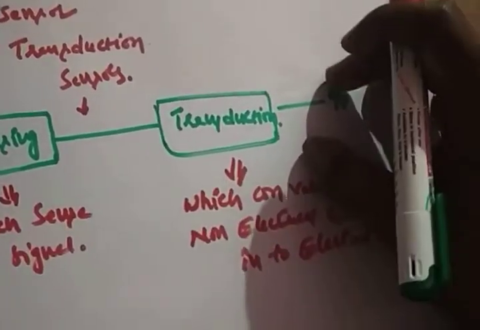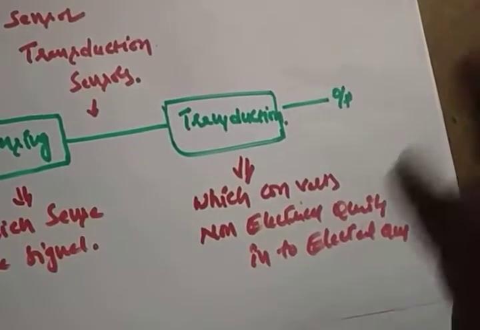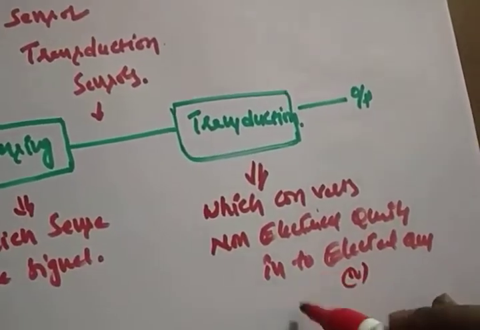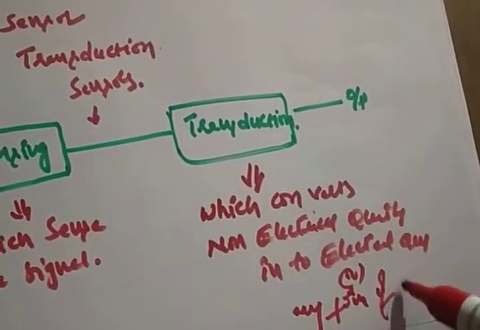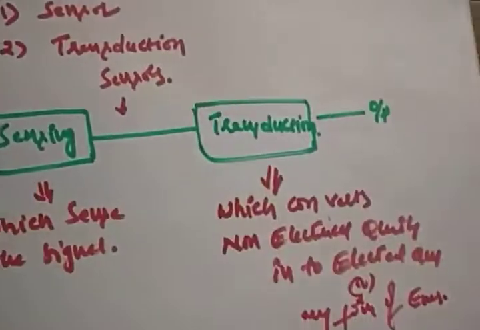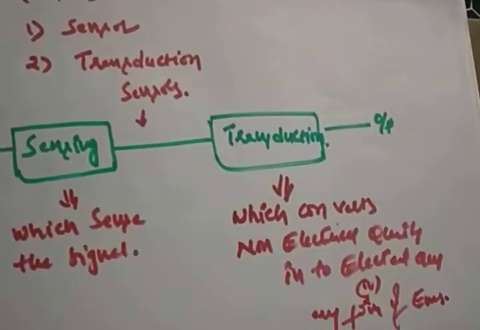If it is a mechanical quantity, we can call it a mechanical transducer, right? We discussed different types of transducers, or any form of energy. So the main important point in a transducer is the transduction element.